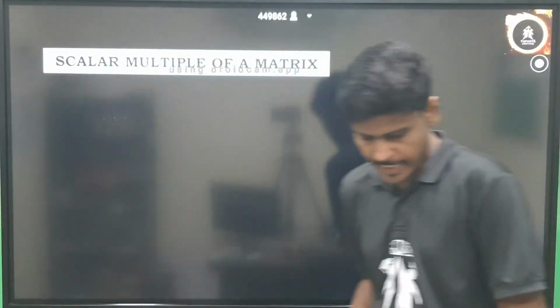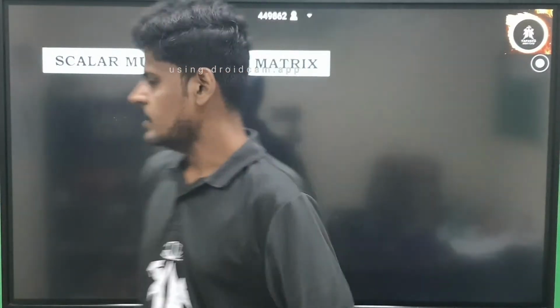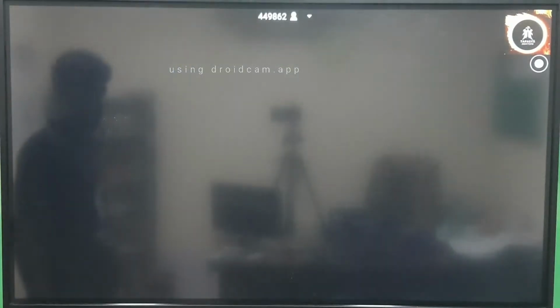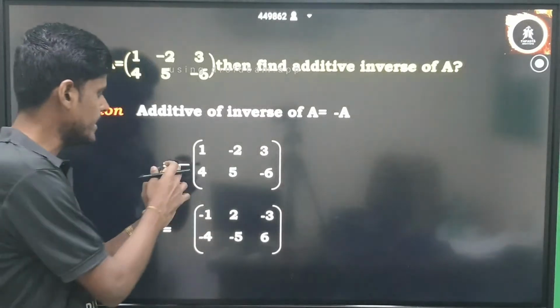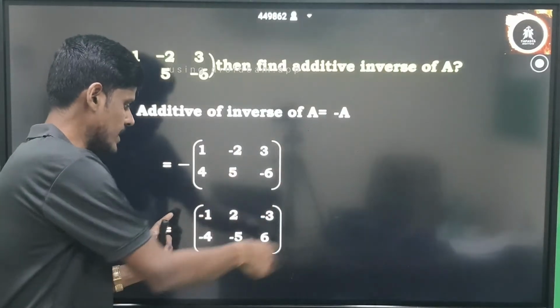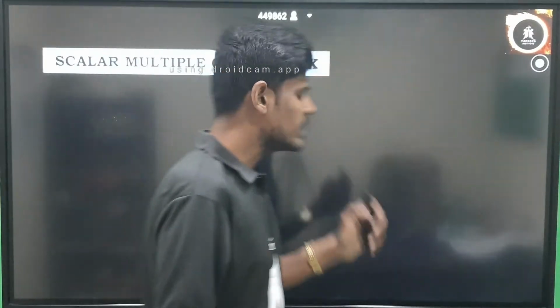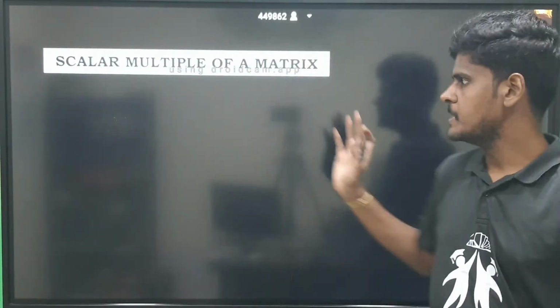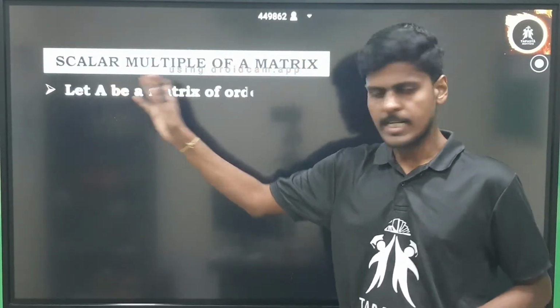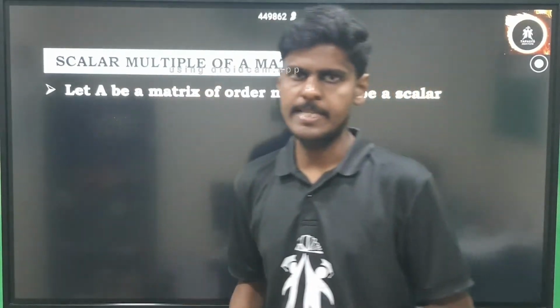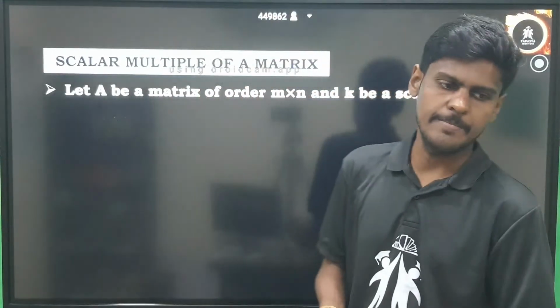Next topic is scalar multiple. In the previous example, what we did, minus 1 into this matrix, we multiplied all the elements with minus 1. Now what is scalar multiple? It is the same as that example. Suppose a number k or lambda is there, that is a non-zero scalar.